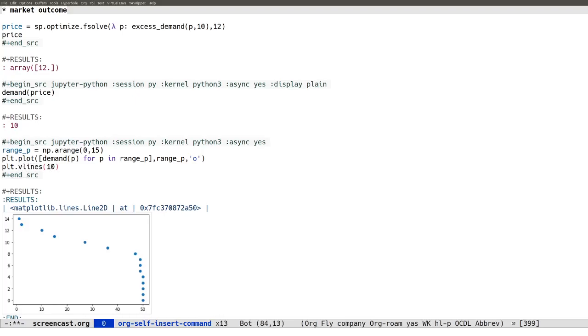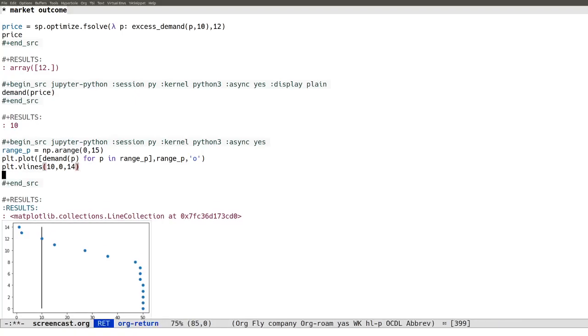Our supply is 10 units, and we want to plot this from 0 to 14. So we get a line that gives us the supply, the inelastic supply, and you can see that indeed we have an equilibrium price exactly at 12.